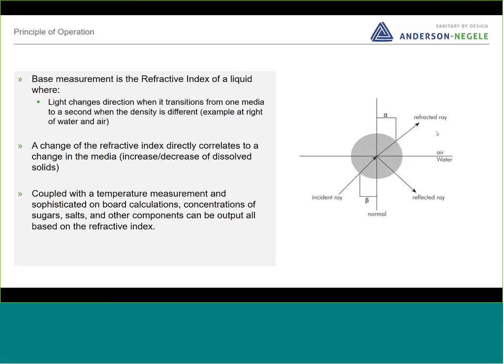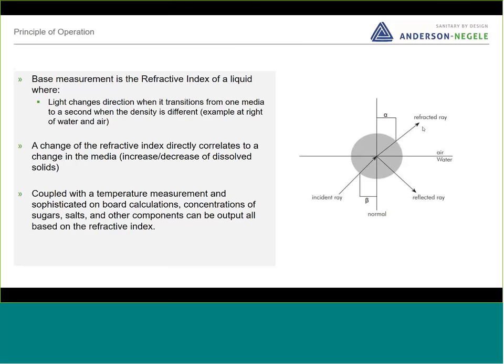So it's no longer going to continue in a straight line. It's going to go off at a slight angle. That deviation, that angle of change that occurs depending on the media differences, is what's referred to as the refractive index.